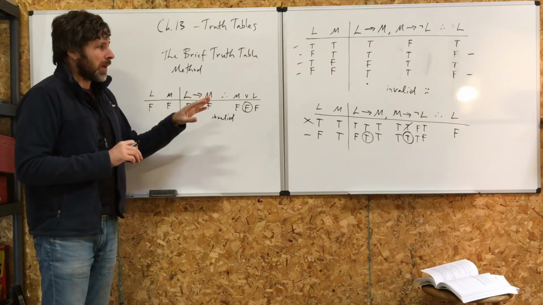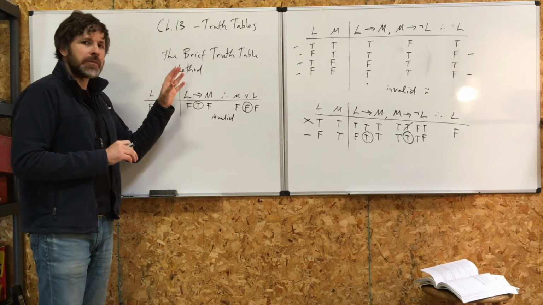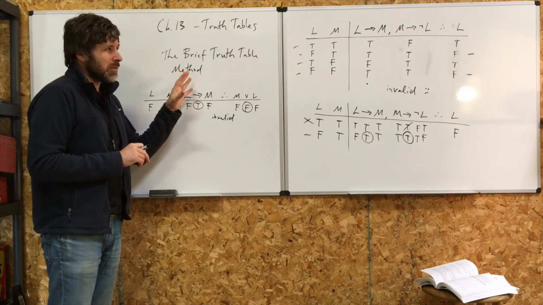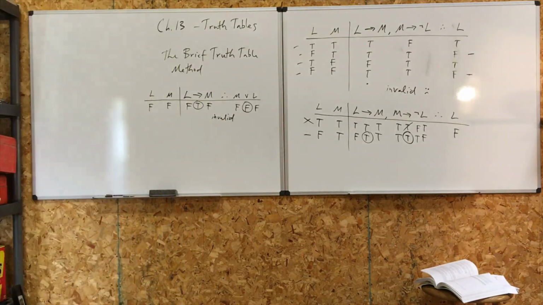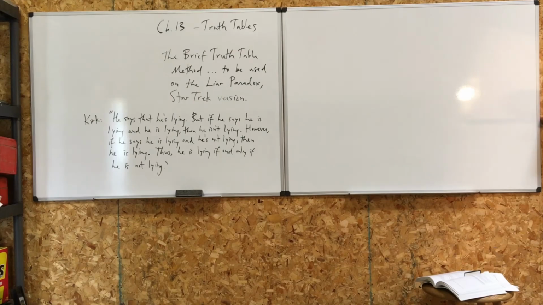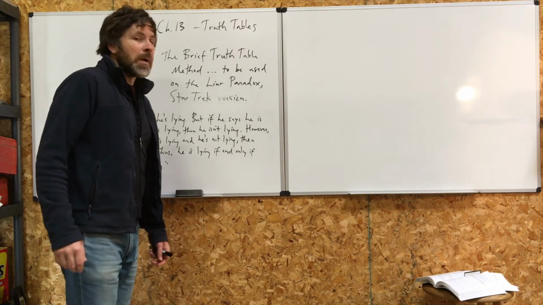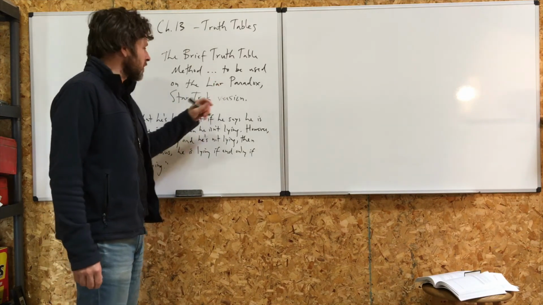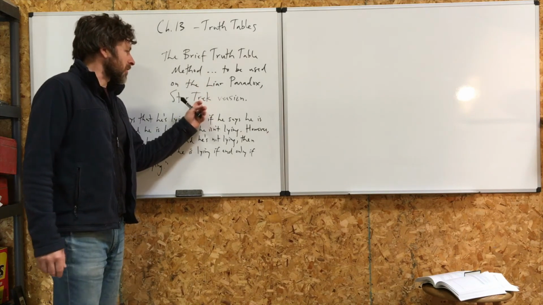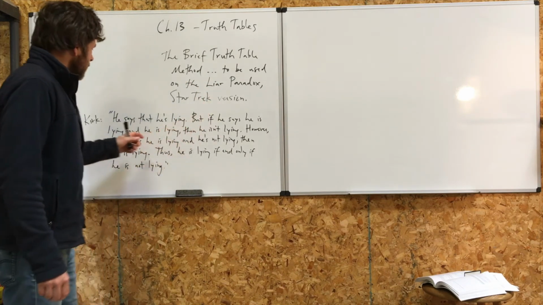I'm going to do a little bit of erasing, and we're going to use the brief truth table method on something a little trickier. Remember the liar paradox that we talked about earlier in the semester? We talked about the Star Trek version of it. It goes like this.